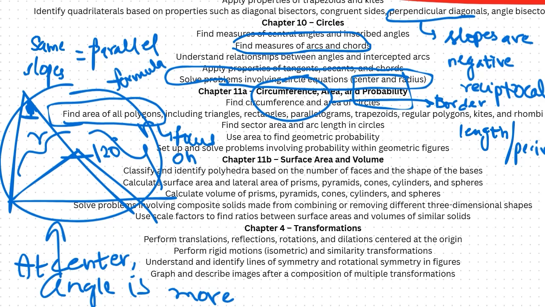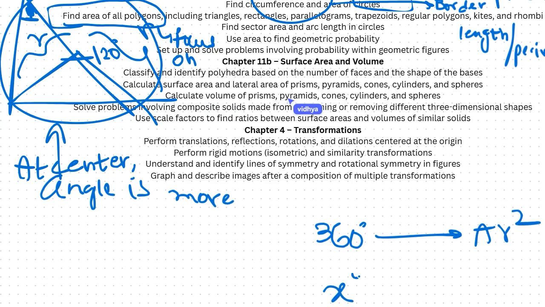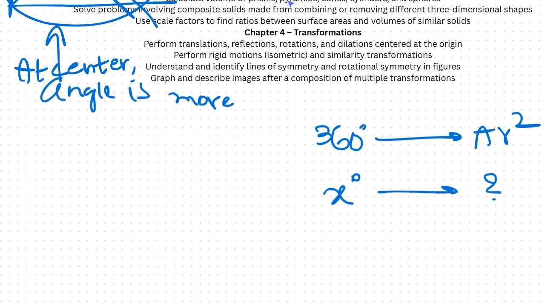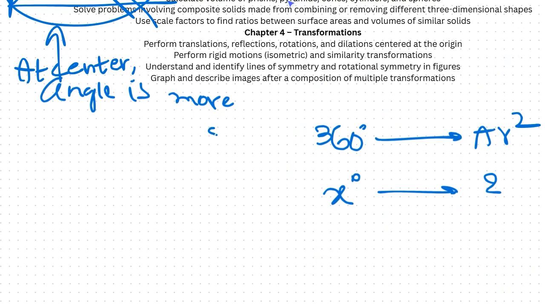See, the concept is a bit similar. For one full circle, which means how much angle? 360 degrees, right? It is pi r squared. Let's say a sector of x degrees is how much? Do you remember the scale formula? 360 means 1 pi r squared.